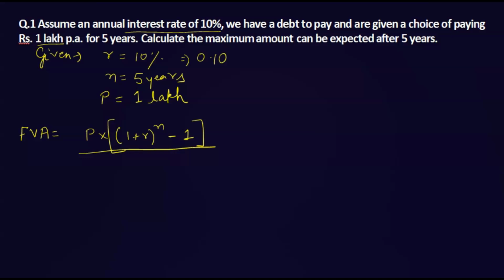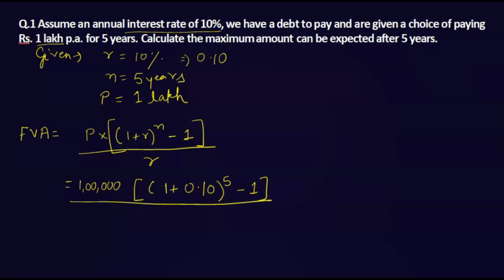The single cash flow formula was P multiplied by (1 plus R) to the power n, and the future annuity formula is P multiplied by (1 plus R) to the power n minus 1, divided by R. So here we'll solve this. It will be 1 lakh, and 1 plus R. R we have already calculated, so we don't need to write it in percentage. And n is 5, so here we'll write 5 in the power, and then divided by R again, 0.10.